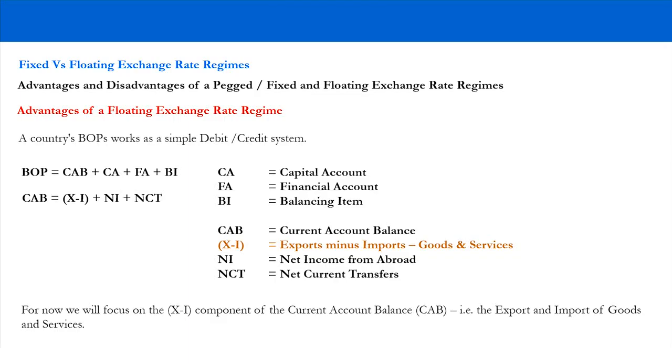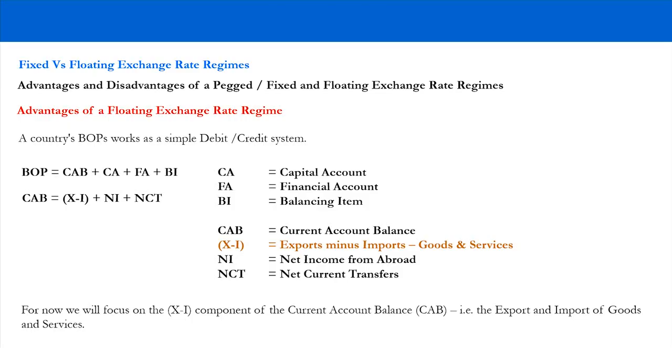The balance of payments is also made up of the capital account, the financial account, and the balancing item. And it's the sum of all these parts. So the balance of payments is the sum of the current account balance, the capital account, the financial account, and the balancing item. Now let's not worry too much about the capital account, the financial account, and the balancing item.